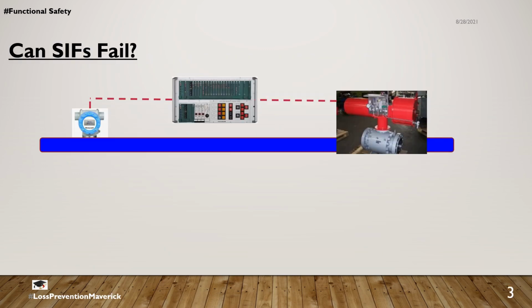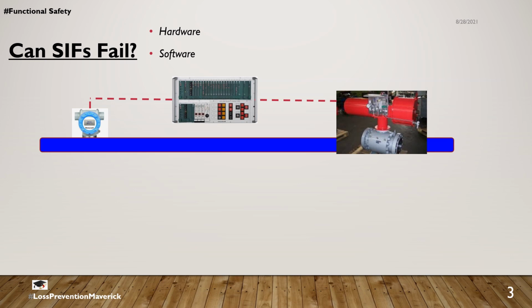So now let's ask the question: can SIFs fail? Yes, of course they will fail. Why? Because SIFs consist of hardware and software. Let's now look at a typical SIF.